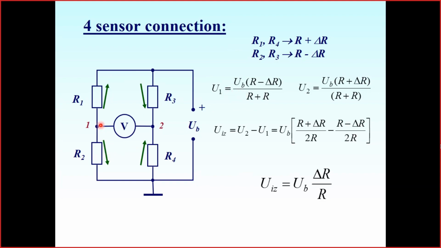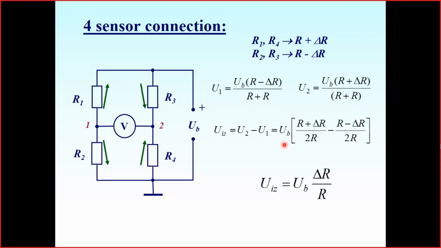It seems that this arrow is wrong. So when here we have some excitation, these resistors both change their value by delta R, but two of them increase their resistance, and two decrease their resistance.